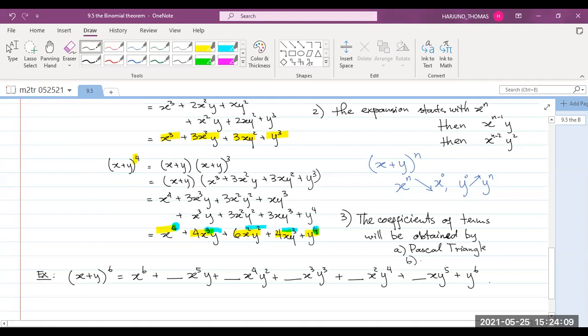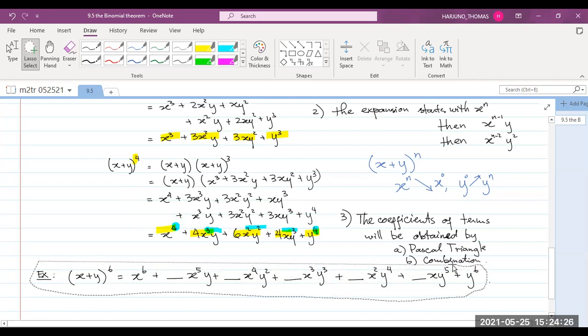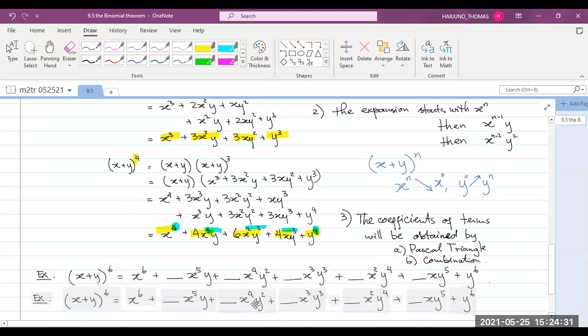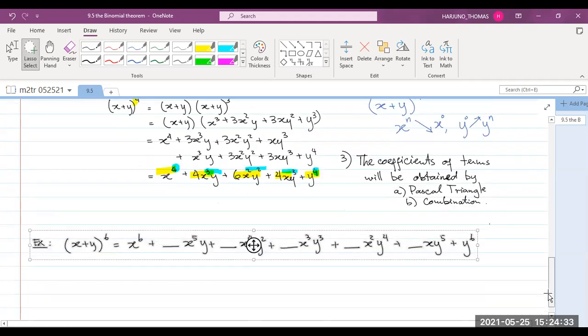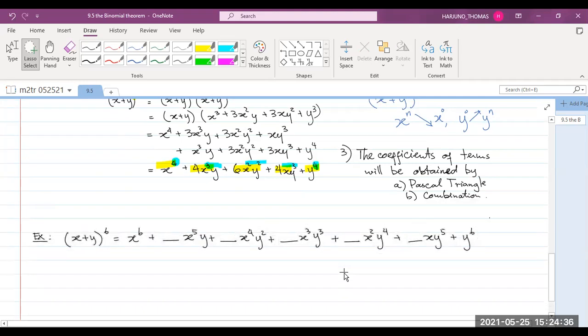And second one, by combination. So once you see the pattern for the terms, how the x and y are decreasing and increasing, then we will learn how to find the coefficients. Okay, now two methods to find coefficients.